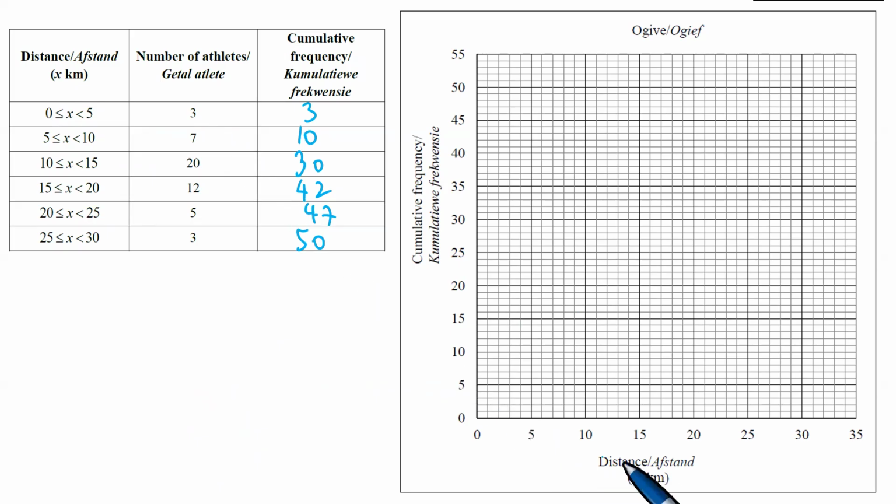So when the distance is between 0 and 5, you have a total of exactly 3 athletes. So it is 1, 2, 3.